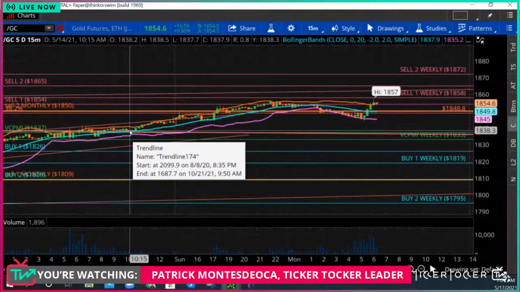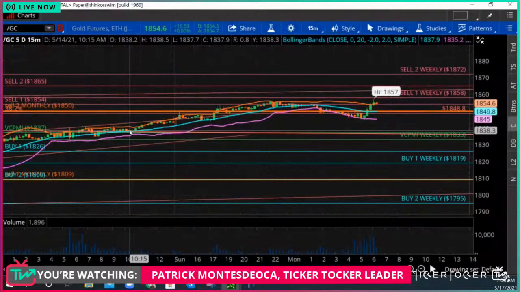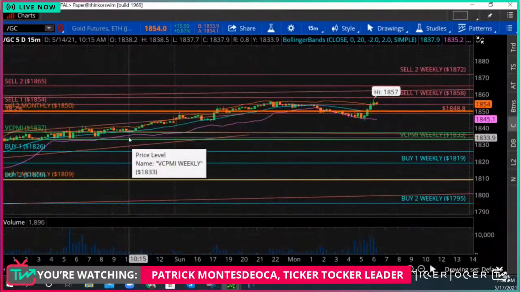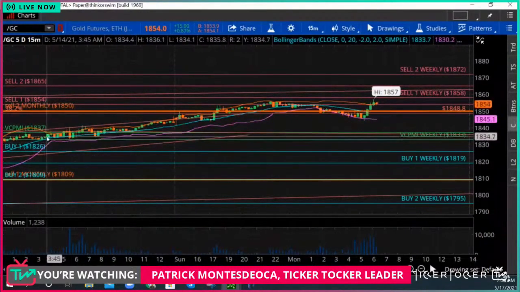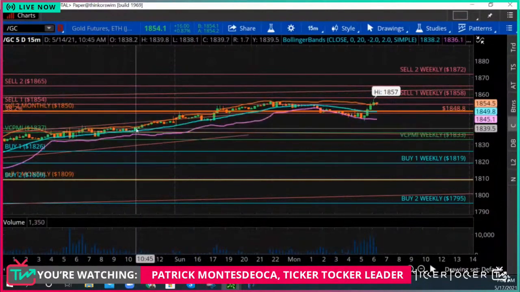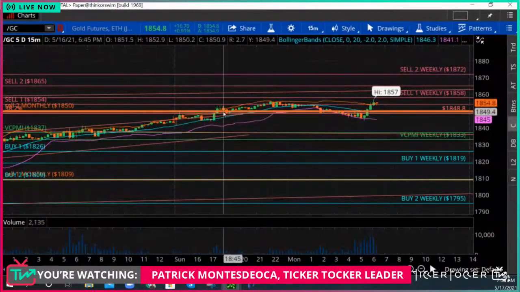One of the things I want to point out is that at 1837, it was almost harmonically aligned with the weekly average of 1833. So once the price got above 1833 and above 1837, it brought in the daily and the weekly bullish price momentum, and automatically the targets above were activated.